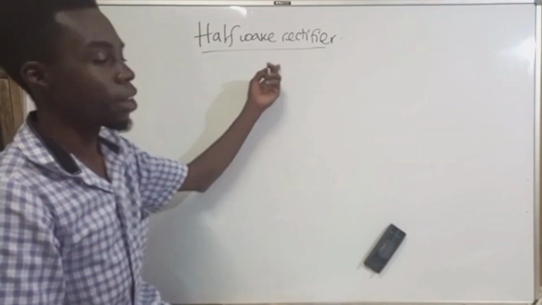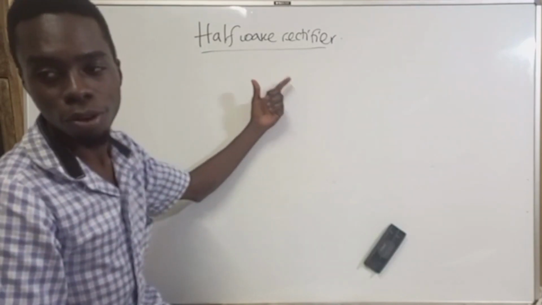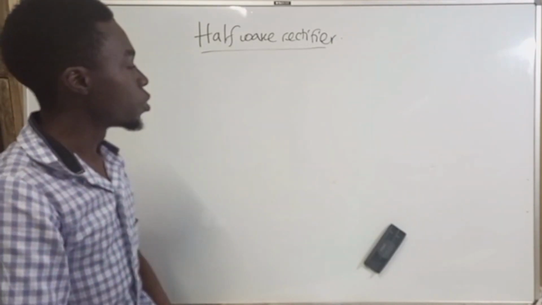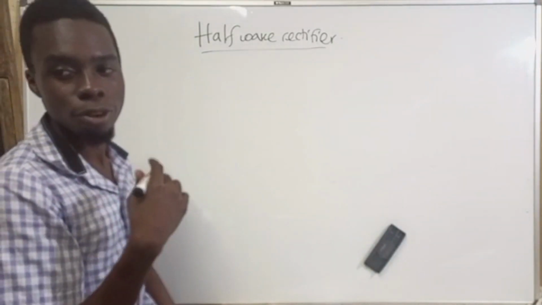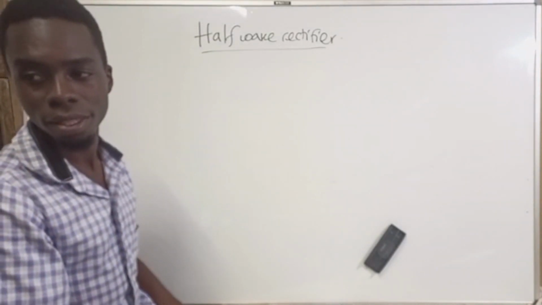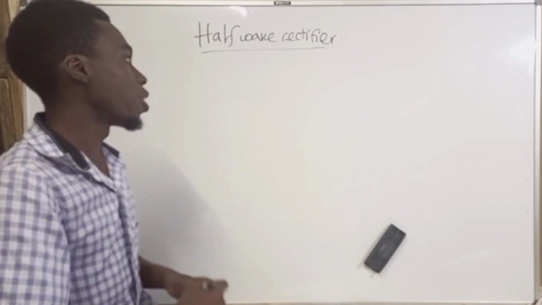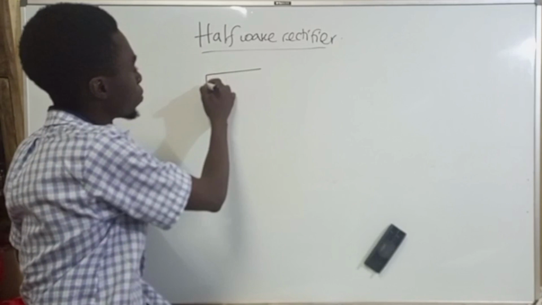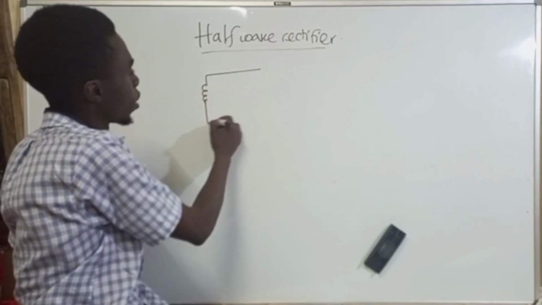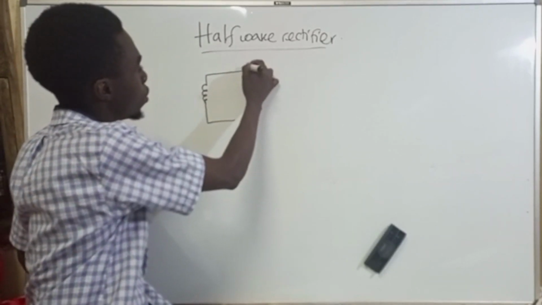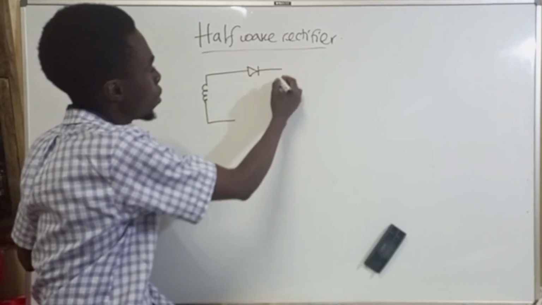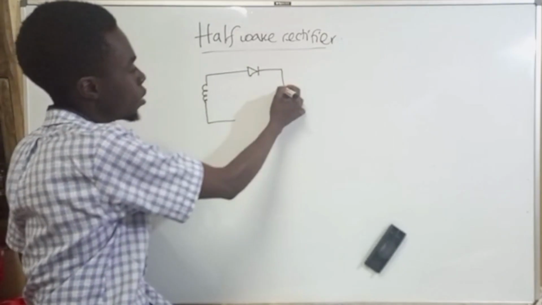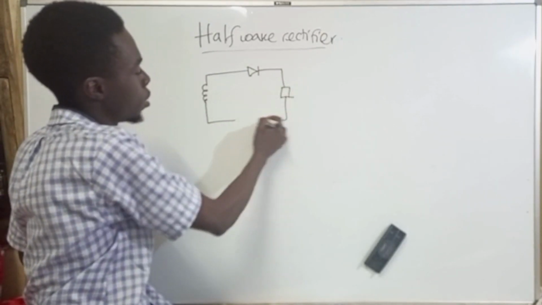First of all, a rectifier is a device that you use to convert an AC input into a DC output. So for a half-wave rectifier, we only have a diode connected inside a circuit whereby we have maybe a transformer, and then on this other side is where we have our resistor.